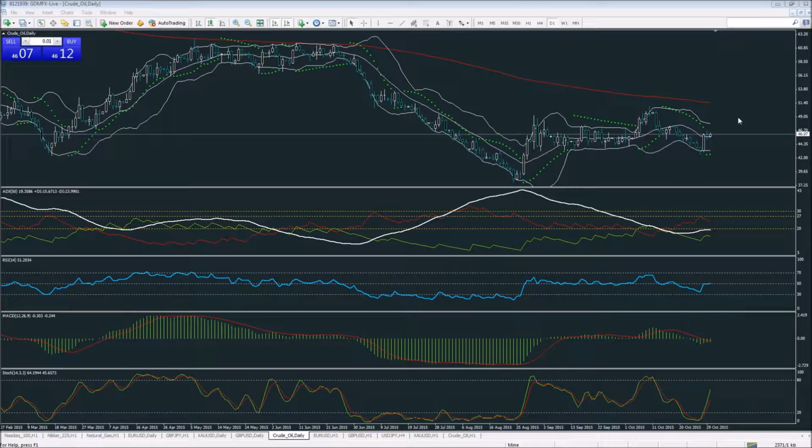Number two, I've categorized the American shale oil. By the end of last year, 2014, the US was producing more than 9 million barrels of oil per day, an 80% increase from 7 years before, 2007.